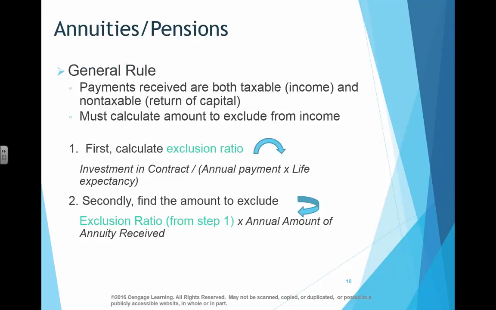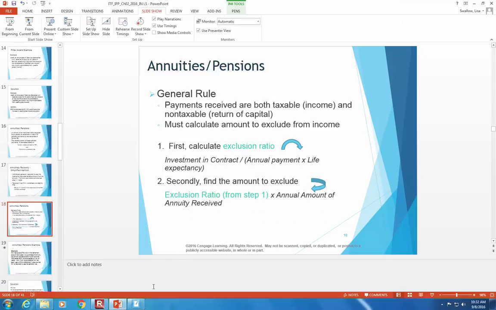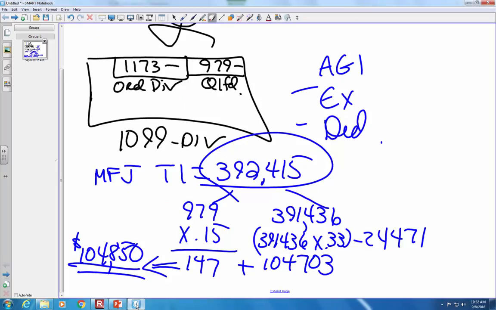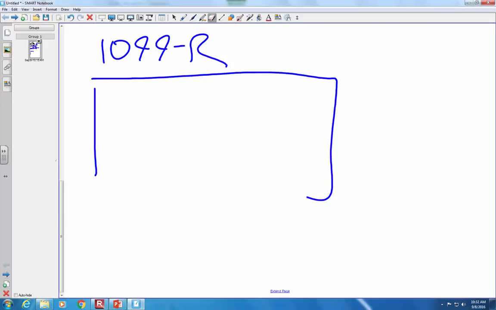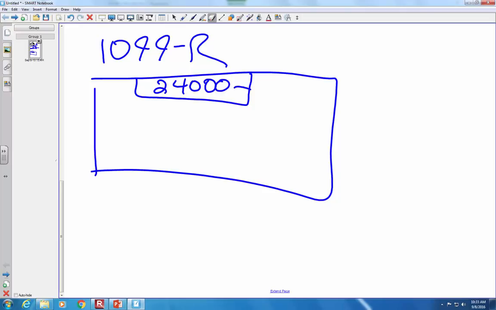We're going to use the general rule. We're not going to use the simplified worksheet. We're going to use the general rule. And in reality, I don't even know why we go through this, because in reality, what happens is that you get something in the mail at the end of the year called a 1099-R, and it says, you got $24,000 in retirement income.